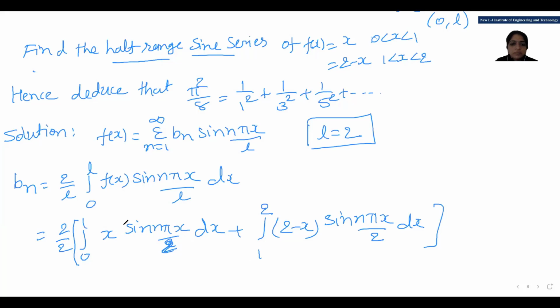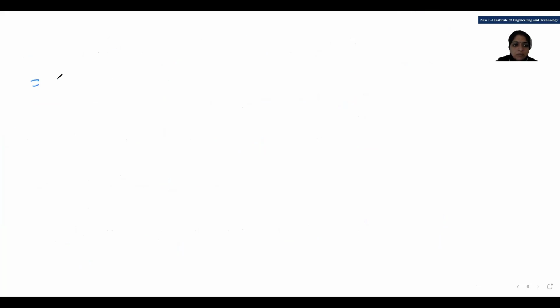In the first step, we apply the Leibniz rule. x keep it same, and the integration of sine is minus cos n pi x by 2, right? So x keep it same, minus cos n pi x by 2, and instead of writing n pi by 2 in the denominator, I put 2 upon n pi in the numerator.